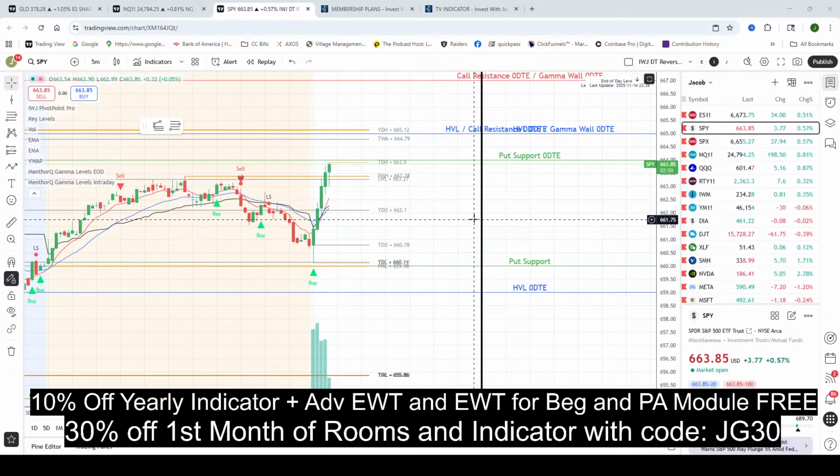Okay, we're going to close another half here at 418. And we're going to move our stops to 370.